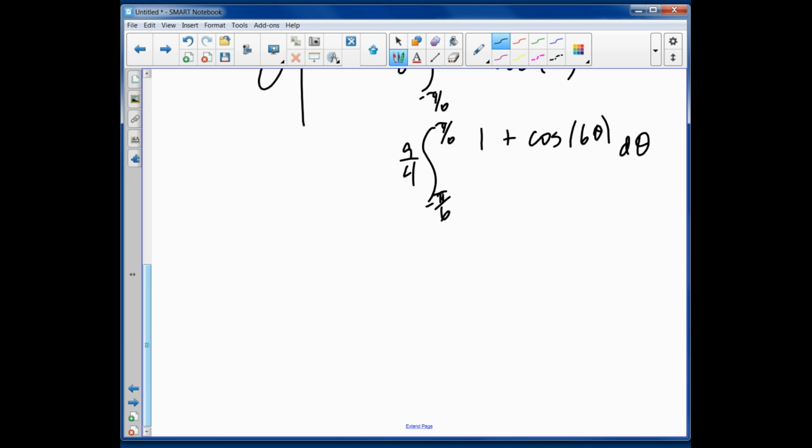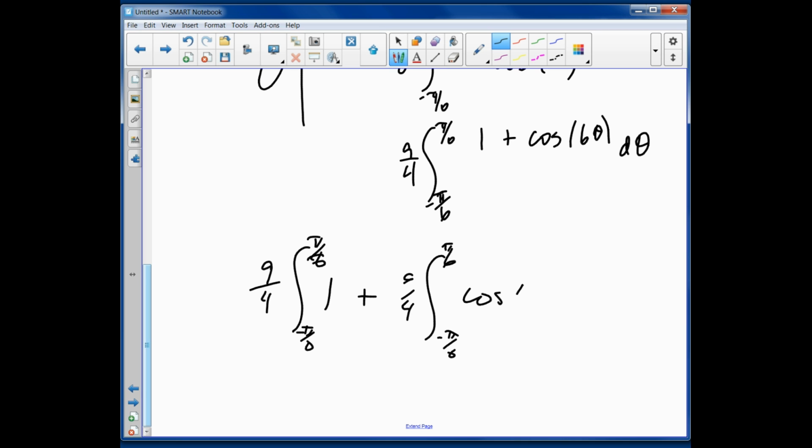Okay, so this is 9/4 times the integral from negative pi over 6 to pi over 6 of 1 plus cosine 6 theta. Now I can do a u substitution on that one. This becomes just theta. I'll do that in a minute.